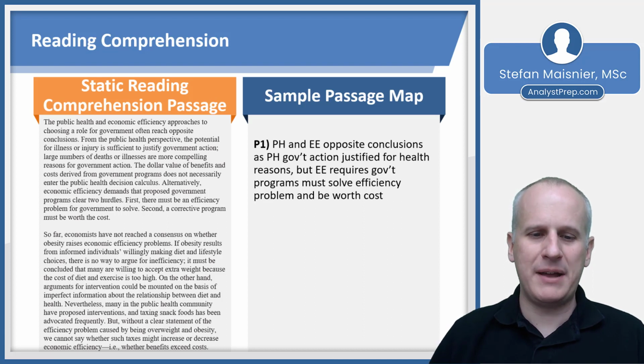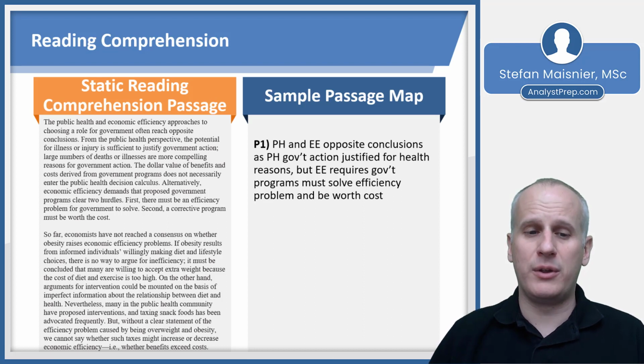Nevertheless, many in the public health community have proposed interventions, and taxing snack foods has been advocated frequently. But without a clear statement of the efficiency problem caused by being overweight and obesity, we cannot say whether such taxes might increase or decrease economic efficiency, i.e., whether benefits exceed cost.